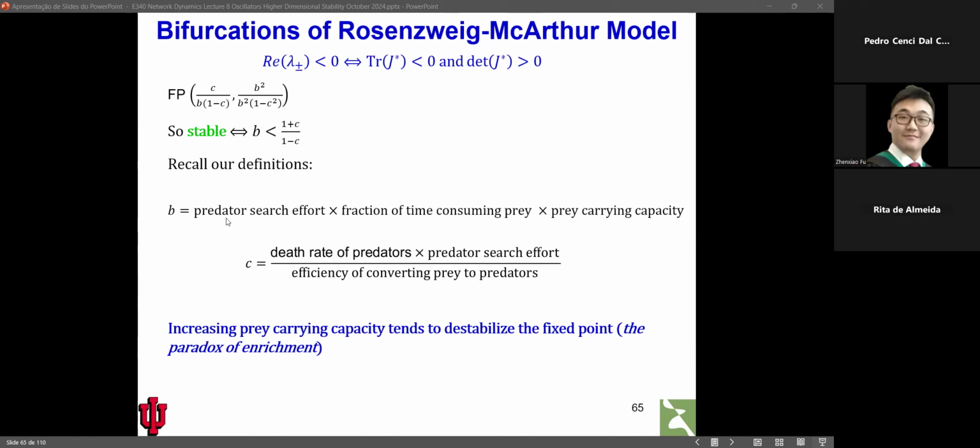And remember, B is the predator search effort versus the fraction of time consuming prey versus the prey carrying capacity.